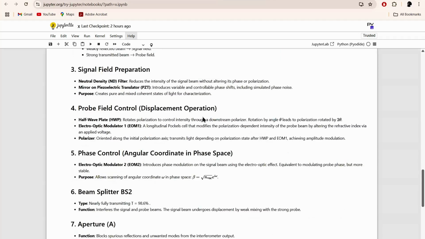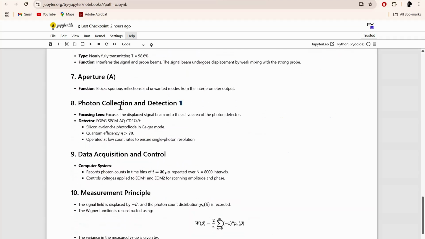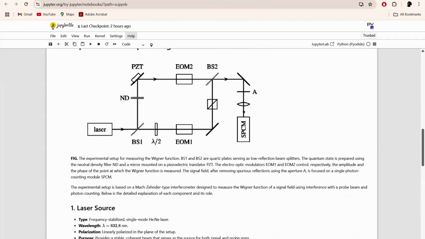The authors have used a beam splitter with 98.6% transmittivity. For photon collection and detection, they have used a single avalanche photodiode in Geiger mode, operated at low count rates because they wanted to ensure single photon resolution. Otherwise, more than one photon can arrive within the dead time of this detector.